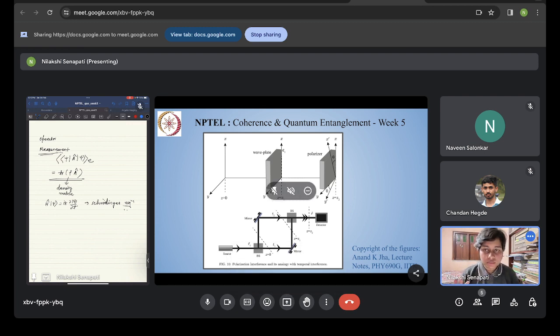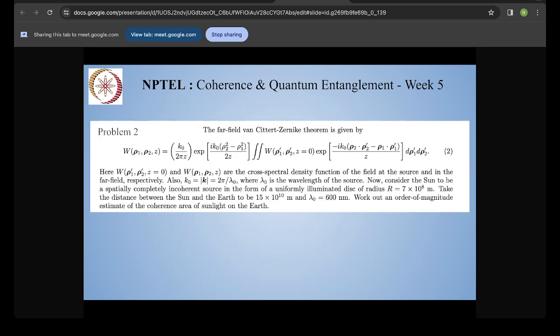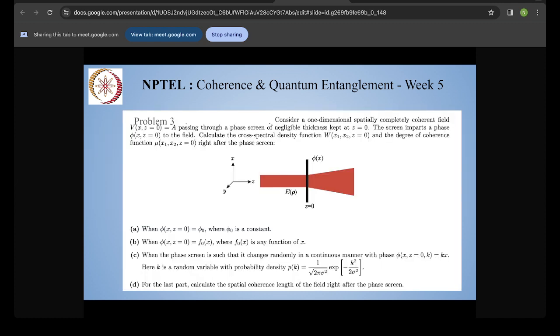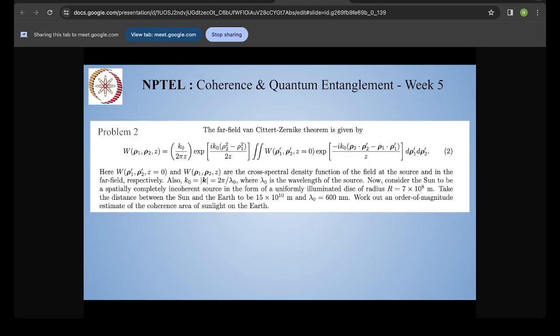After all of this discussion, let us solve a few problems related to your assignments, mostly for the spatial degree of freedom, 2 spatial degrees of freedom and 1 OAM basis.